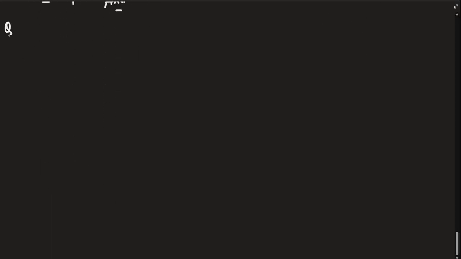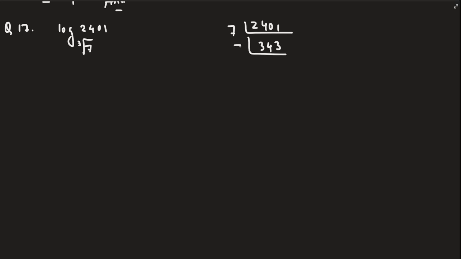Question number 17. You have to find log of 2401 with base the third root of 7. First of all we try to do the prime factorization of this number. 7 times 3 is 21, 7 times 4 is 28, 7 times 9 is 63.